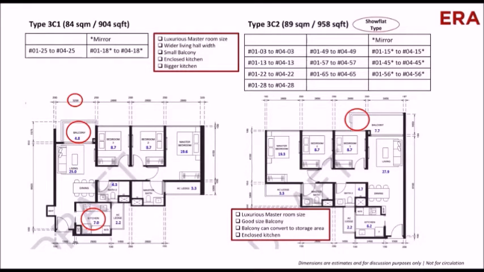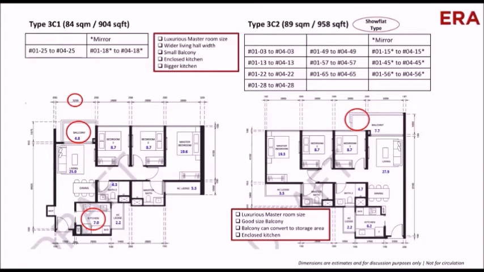The cheapest unit is 0103, which is right here, type 3C2. You can see that this is an extremely functional layout. You have no odd spaces. You got your closed kitchen everywhere. Every unit here is all closed kitchen.